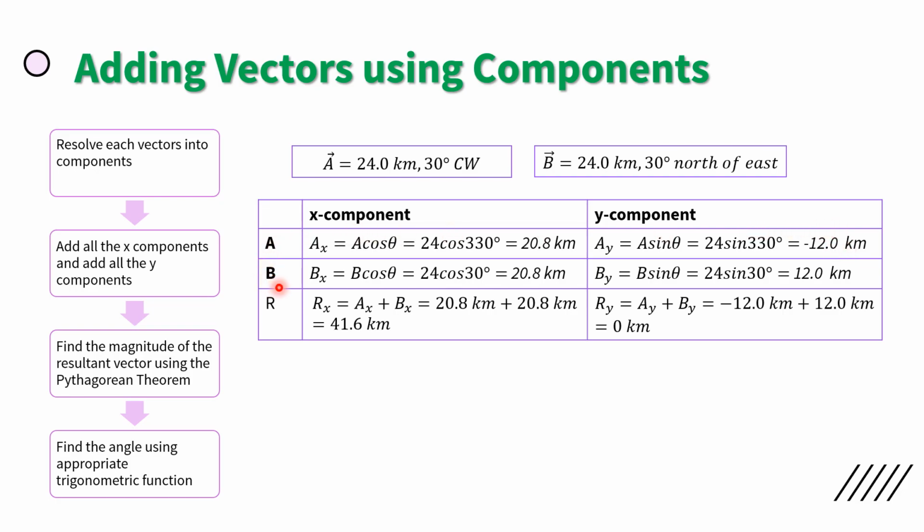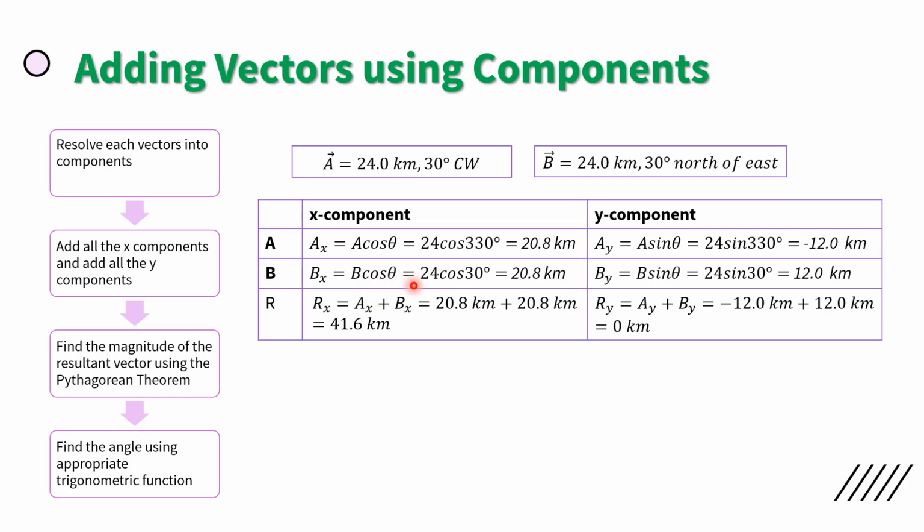Okay, vector B, you have b sub x is equal to b cosine theta. So our theta here, we are given the direction 30 degrees north of east. So this means that from the east, we measure 30 degrees going to the north. East is the positive x-axis. So 30 degrees north of east is 30 degrees counterclockwise from the positive x-axis.